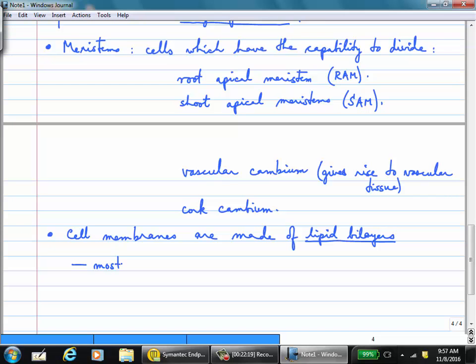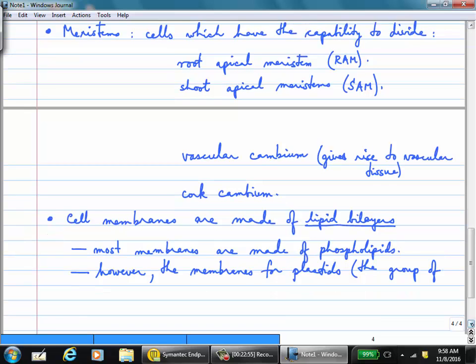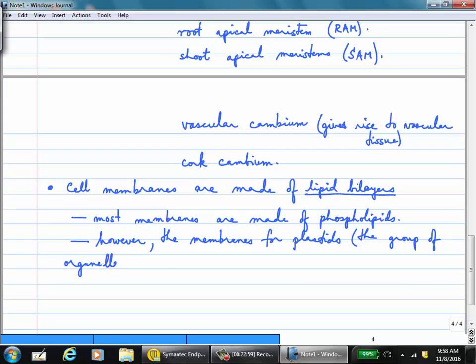However, the membranes for plastids, which is the group of organelles to which chloroplasts belong, are made of glycolipids.